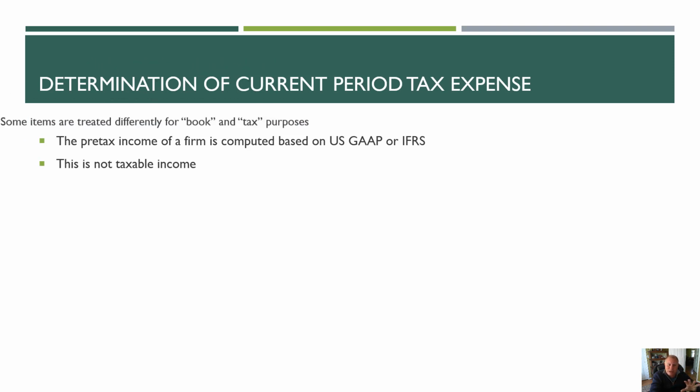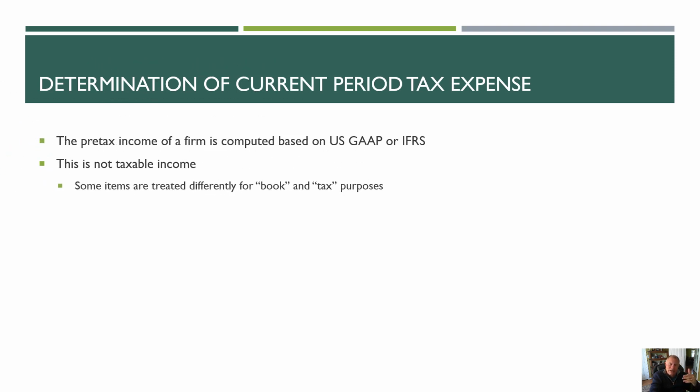Taxable income is a different concept because some items are treated differently for book and tax purposes. And that goes back to when we were looking at the policy impact of taxes, trying to incent certain behavior, to cause certain behavior to happen, or to penalize certain behavior. So some items are treated differently for book versus tax.